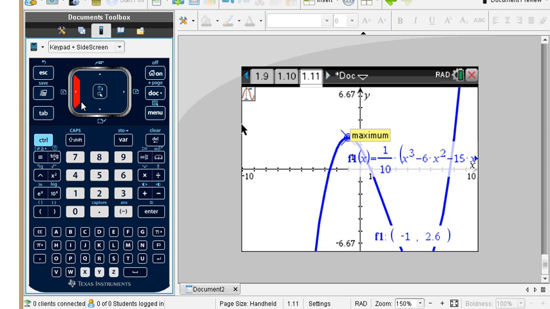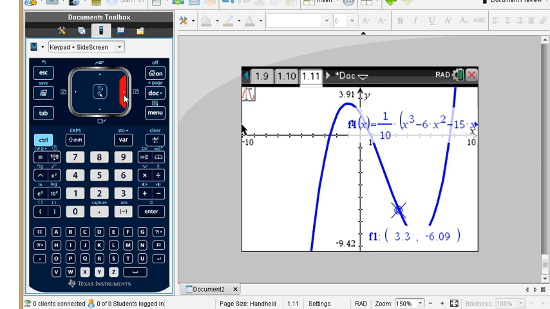So there's a maximum at x equals -1. And then if we scroll to the right, we can get down to, move below there, and we see the minimum, and that's at x equals 5, and that's a minimum of -8.2.